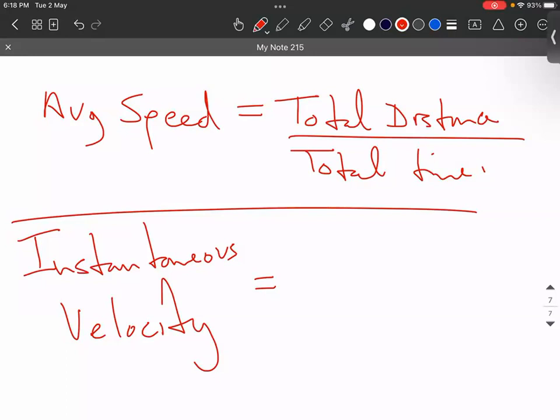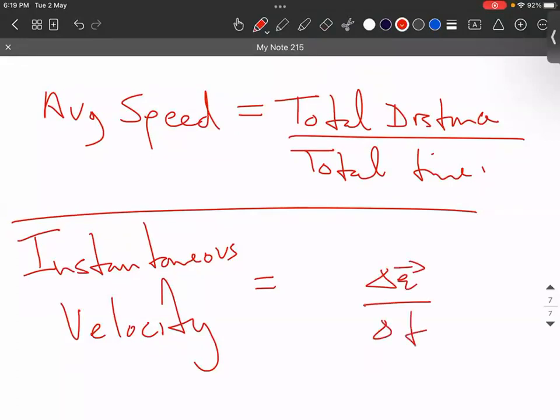Okay. So the way this is defined physically, now we have to define this in physical terms. So what we're going to have is the same thing. We have delta R by delta T. You understood what delta R is, right?